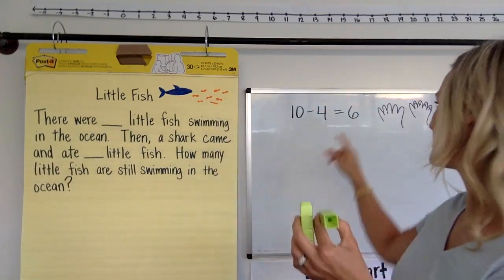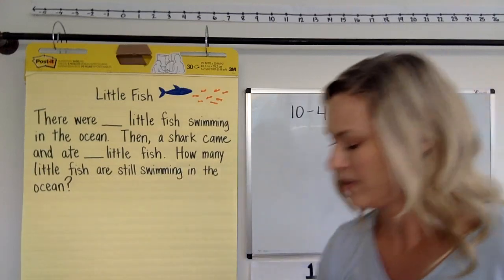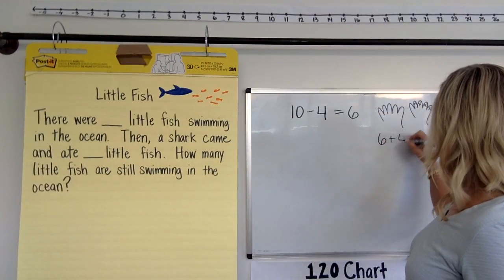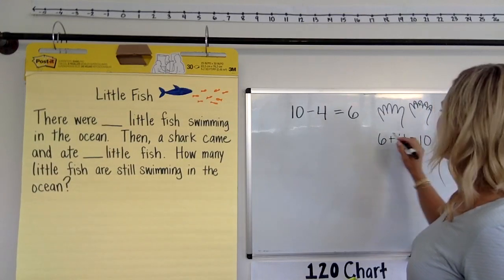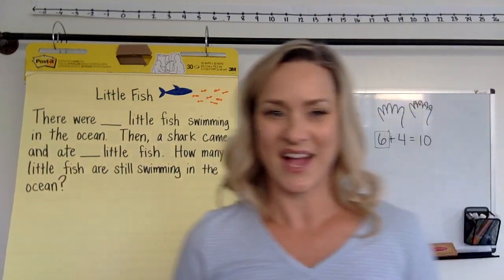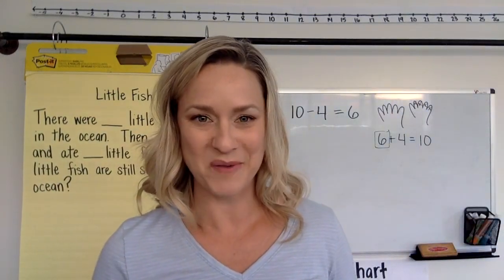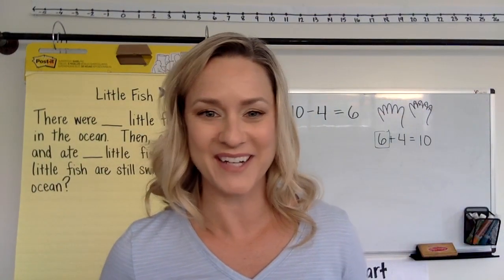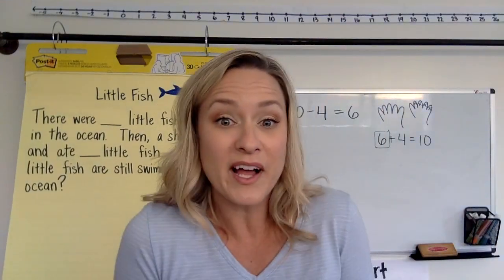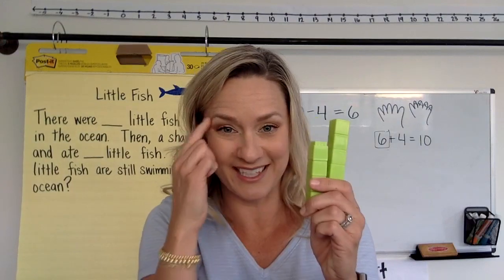So maybe you just knew that 6 plus 4 makes 10, so the answer had to be 6. I would love to hear in the comments if I got one of your strategies. So tell me in the comments if you did this with your fingers or on a number line or maybe even with these in your mind.